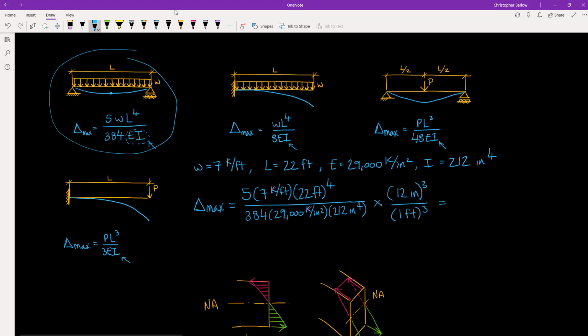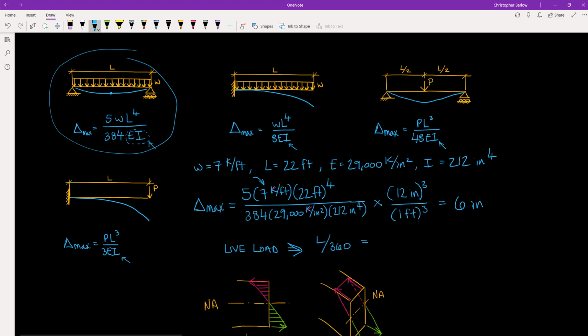So now, plugging all of that into a calculator, we get about 6 inches of deflection. And if this load here, this 7 kips per foot, were our unfactored or service level live load, our deflection limit would be L over 360.